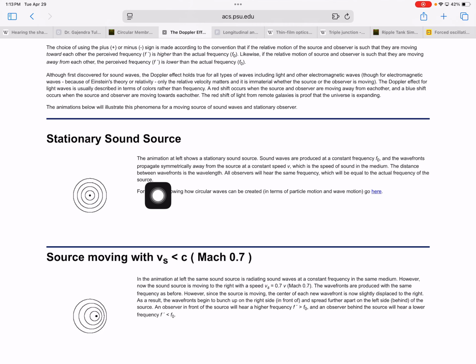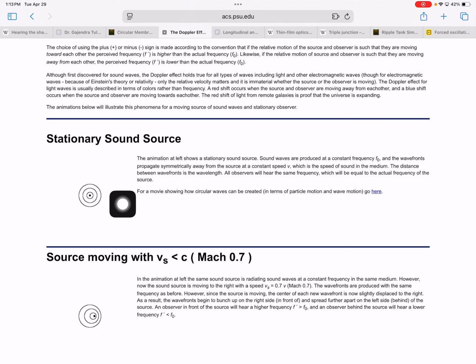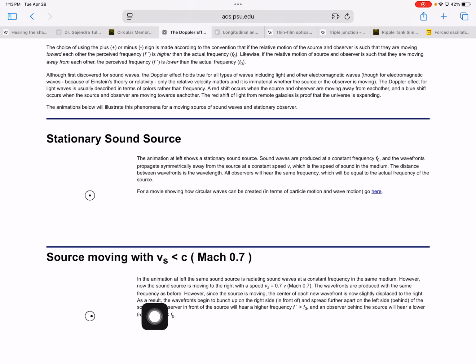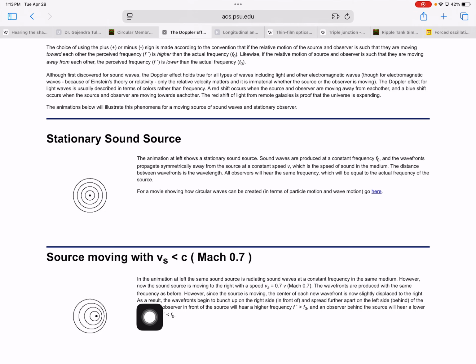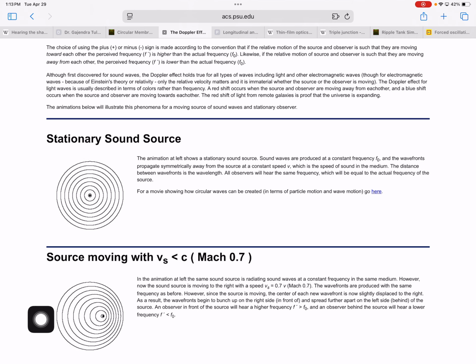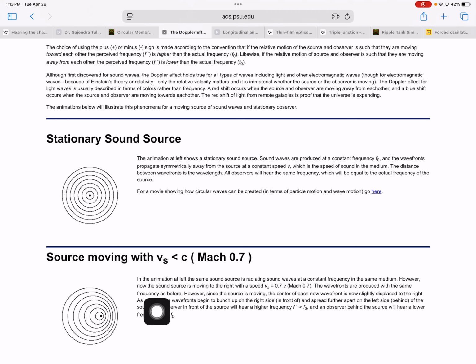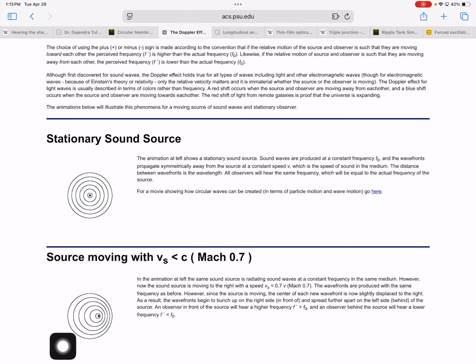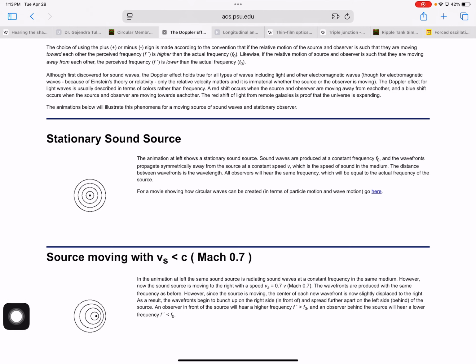So if both are at rest, the pitch heard is what is produced. Now, if the source is moving and it produces 100 crests, more than 100 crests will pass you if you're standing there, and less than 100 crests will pass you if you're standing there. So here you'll hear a higher pitch, a higher frequency, and here you'll hear a lower frequency. And that's the Doppler effect.